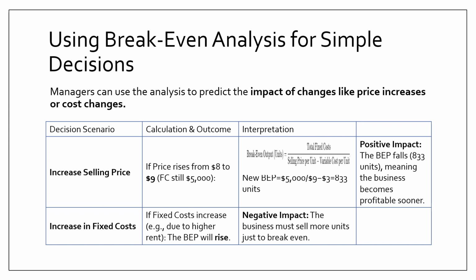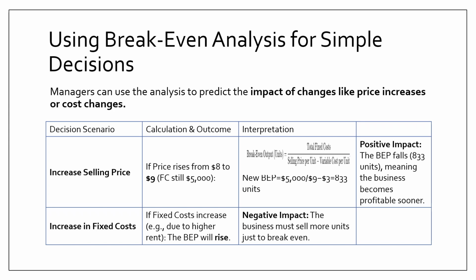So 5,000 divided by the selling price per unit, which has changed to $9 now. So 9 minus $3 equals 833. Hence, the break-even point falls at 833 units, meaning the business becomes profitable sooner.